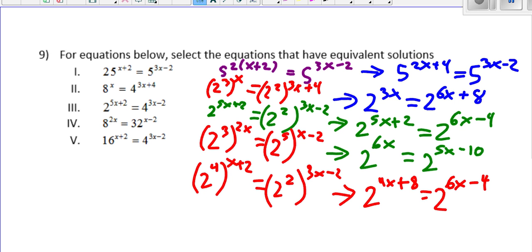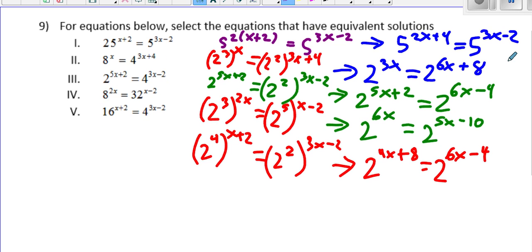So now that you've worked all these out, it's looking for equivalent solutions. None of these are exactly the same yet, so we can't tell. We have to actually get these solutions. You got to solve each of them for x. So from equation 1 right here, the very top one, you can cancel out those 5s.